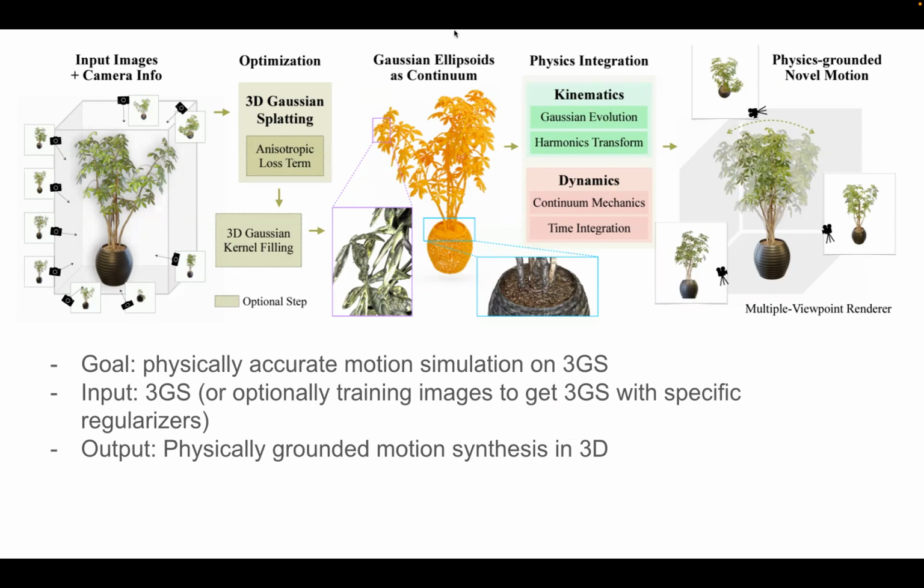So you can see the very general overview here. They have a 3D Gaussian trained with the regularizer that I will talk about optionally, and then they will integrate this mechanic continuum inside the Gaussians to get this dynamic effect to be able to deform this through time.